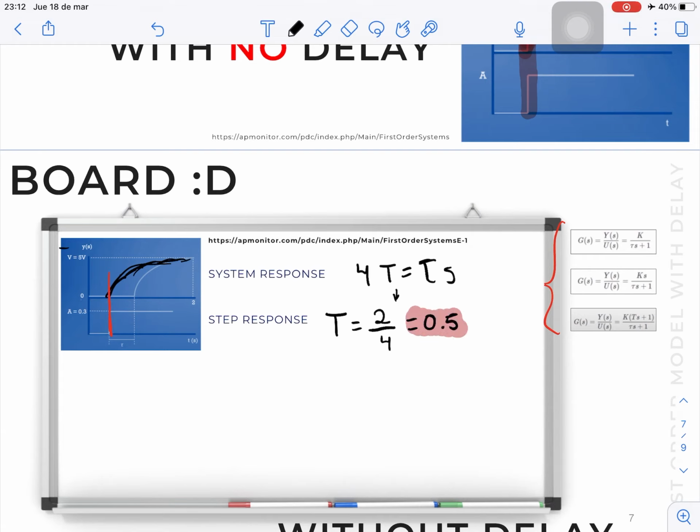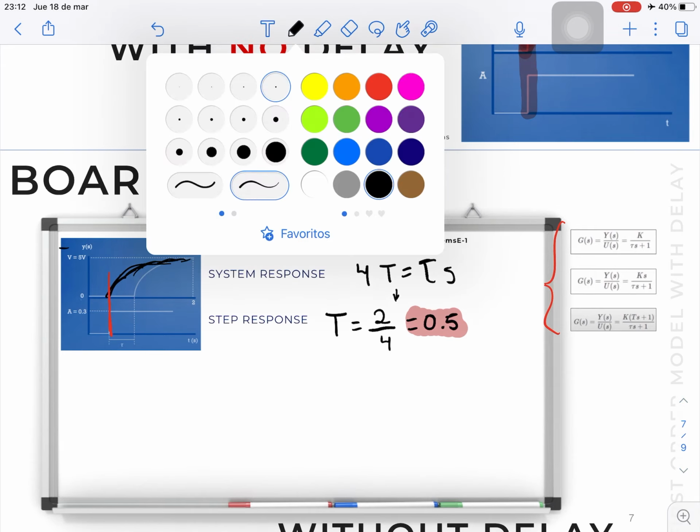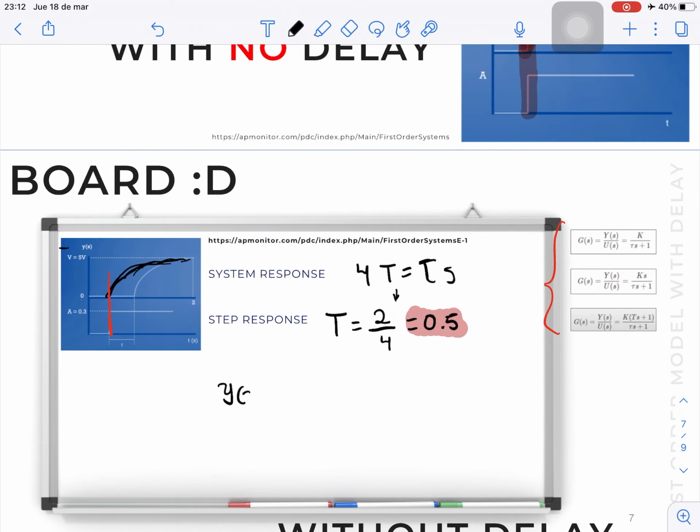Then we know that the transfer function will be equal to the final magnitude of the system multiplied by the gain over the amplitude of the step response.